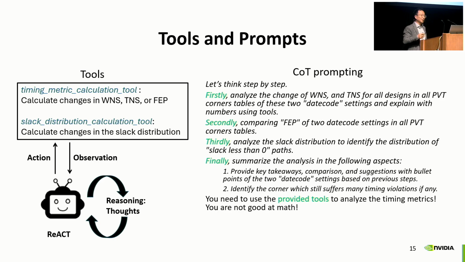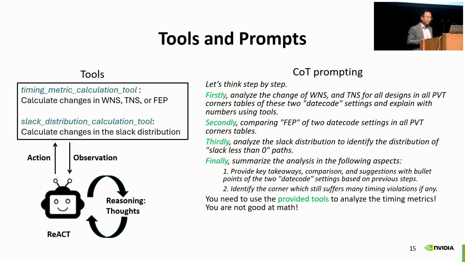For planning, we use a simple chain of thought as well as the ReAct agent. The chain of thought instructs the LLM to first analyze the change of WNS and TNS, second compare FEP, third compare slack distribution, and finally summarize based on certain aspects.